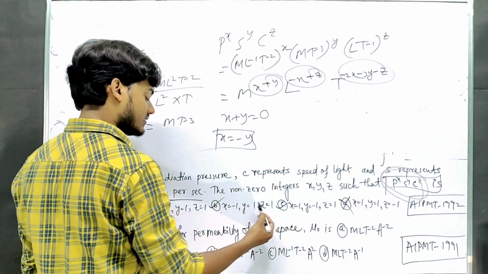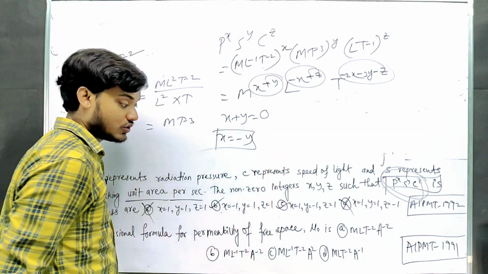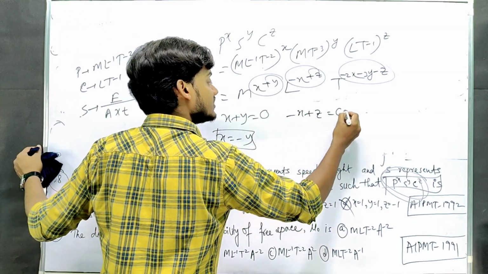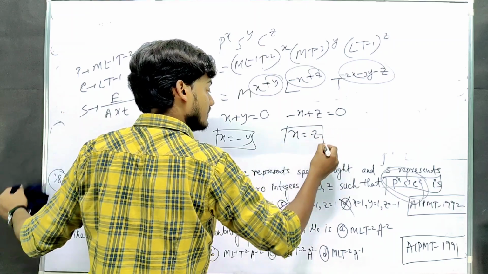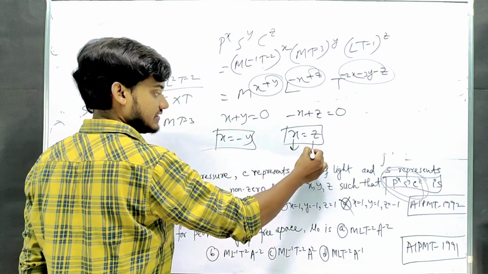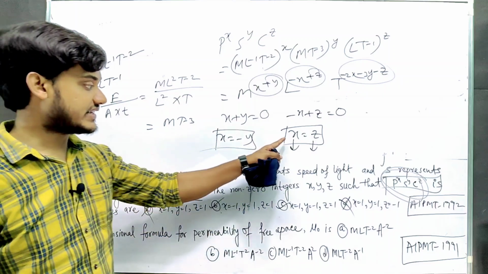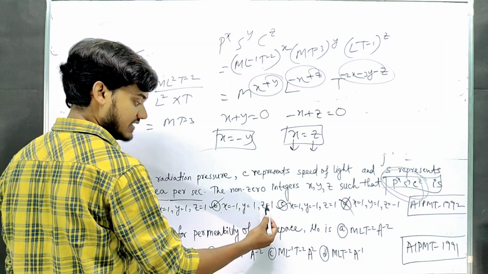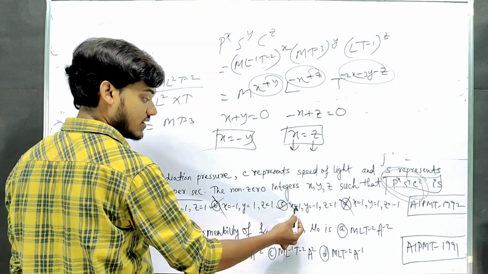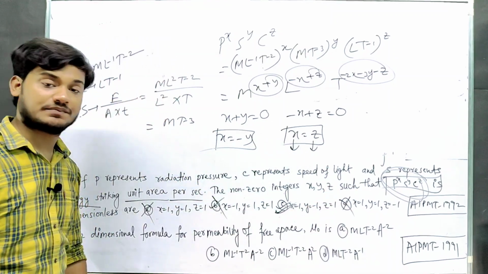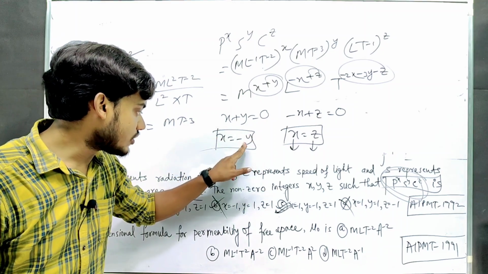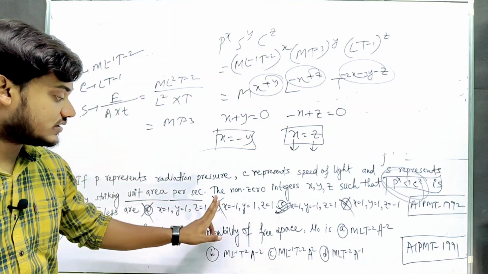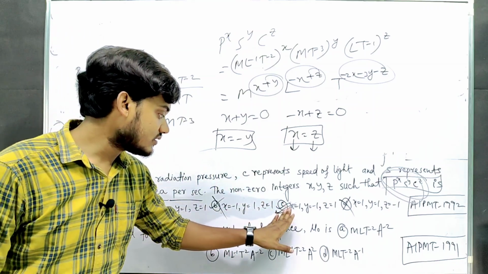So in options B and C, one will be correct. Next, minus x plus z equals 0, x equals z. So x and z are equal. x minus 1, z 1, no. x 1, z 1. So this is the right answer, option C. x and y are equal but opposite, but x and z are also equal. x minus 1, z 1 is not the answer.